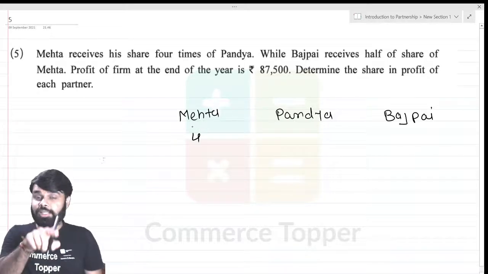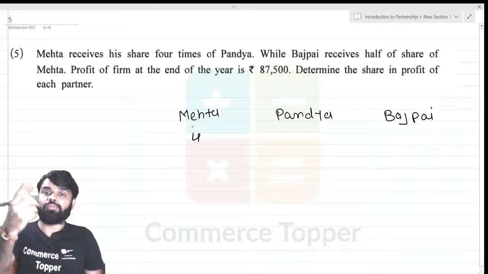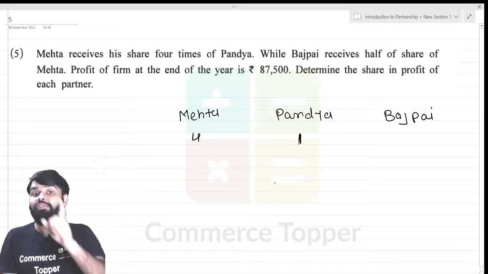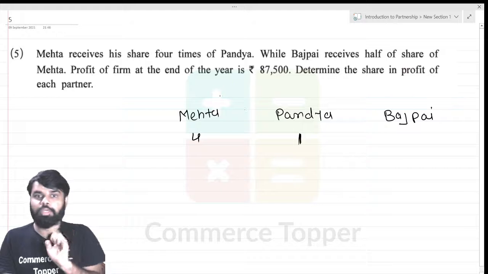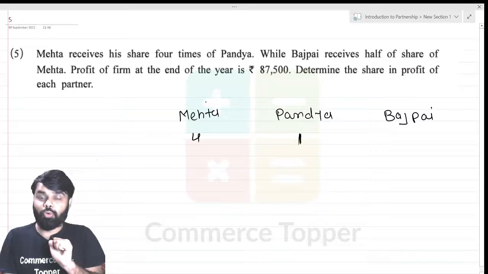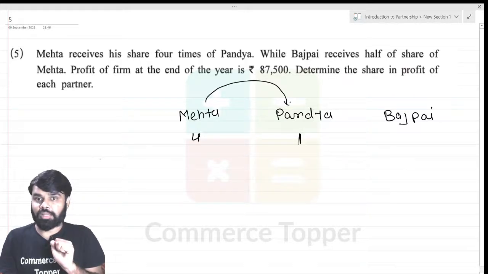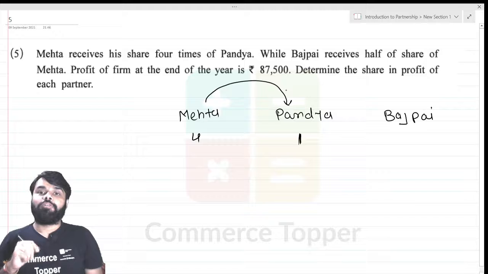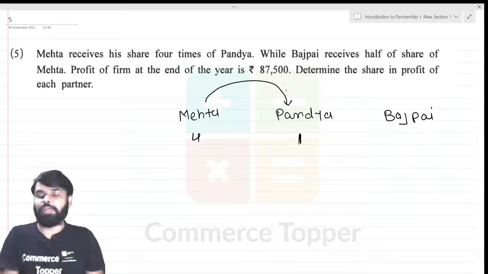Now Mehta receives his share 4 times of Pandya. So what will be the share of Pandya? It must be 1, because Mehta is receiving 4 times of Pandya. So Pandya's share should be 1. Okay. While Bajpai receives half share of Mehta.